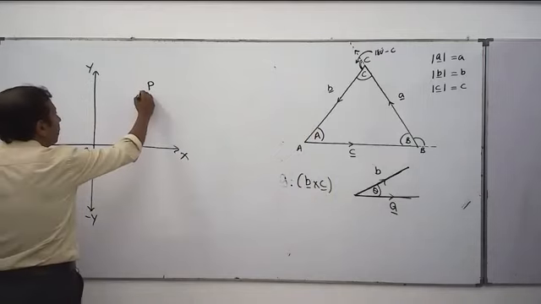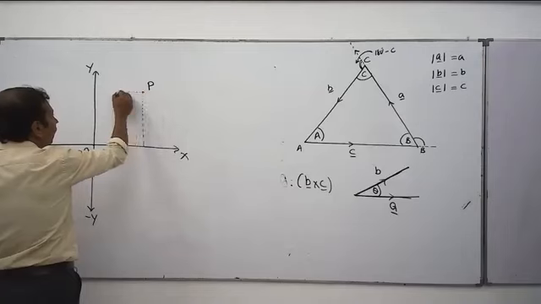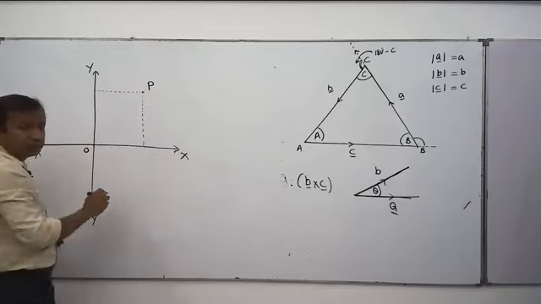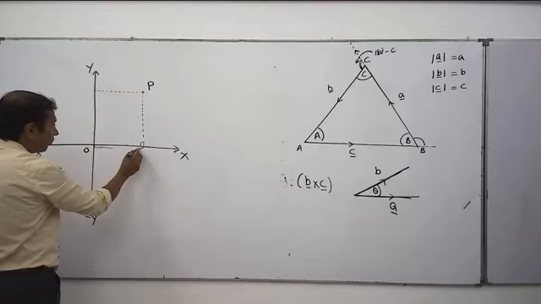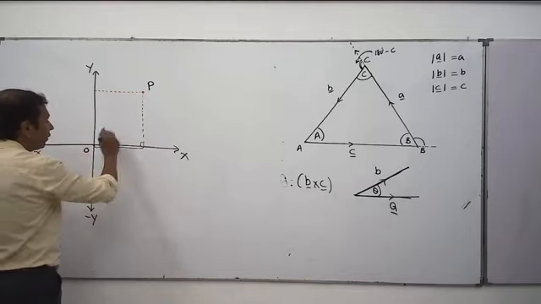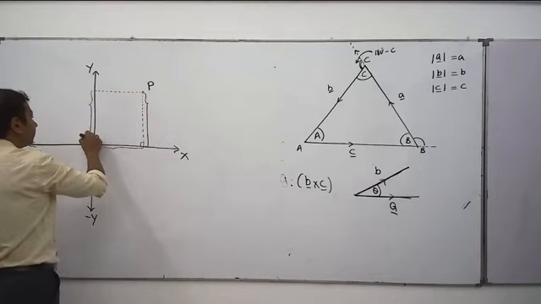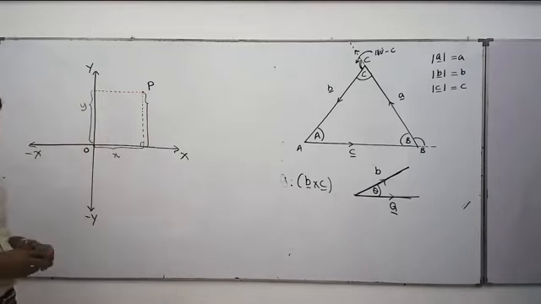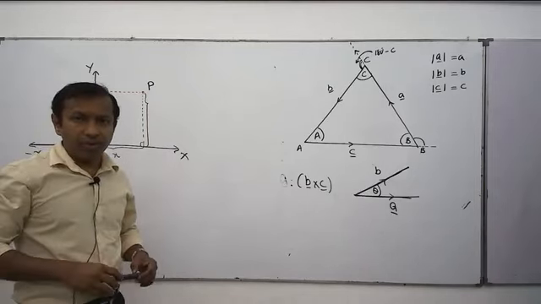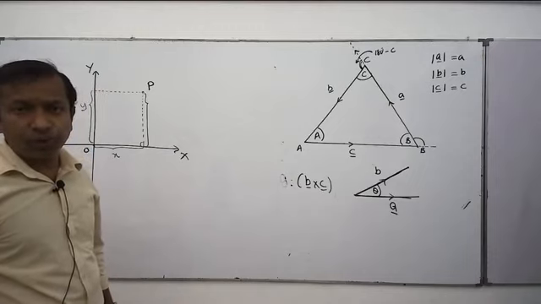When we drop a perpendicular from P to the x-axis and from P to the y-axis, right? This length and this length, that means x and y, are enough for this person at O to find the location of P.